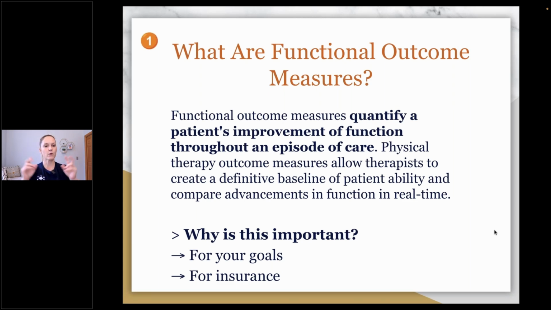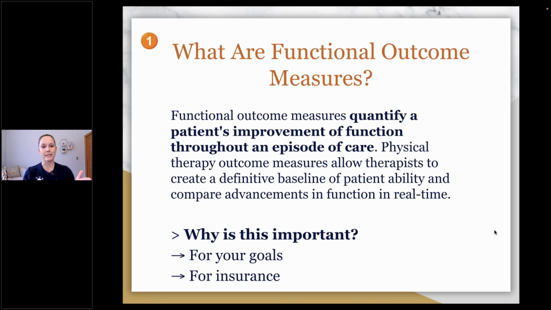An episode of care just includes the amount of time that you are with that healthcare professional. If it's physical therapy, it's going to depend on your insurance, but it might be a few weeks, a few months, maybe a year, probably not if you're in the United States. That is an episode of care from your evaluation until your discharge.